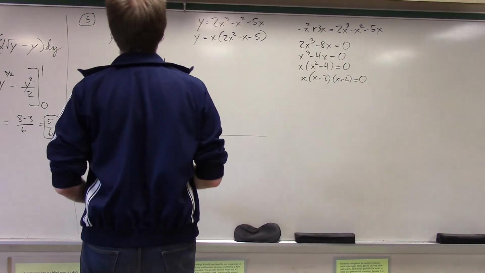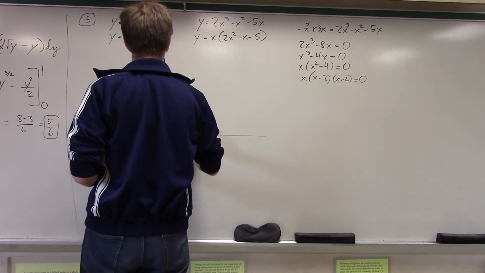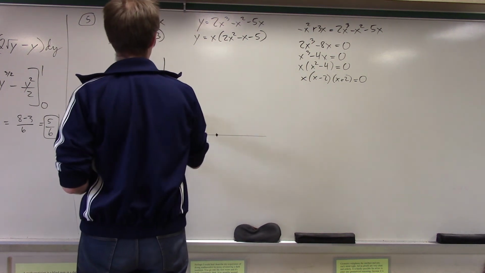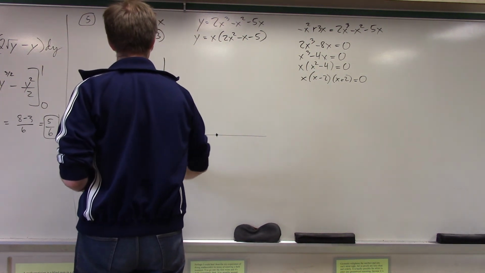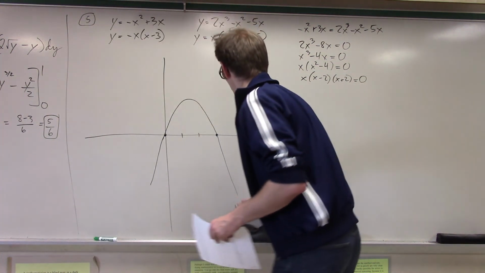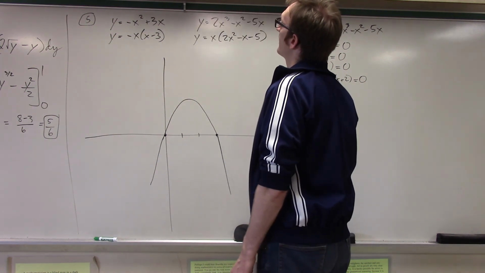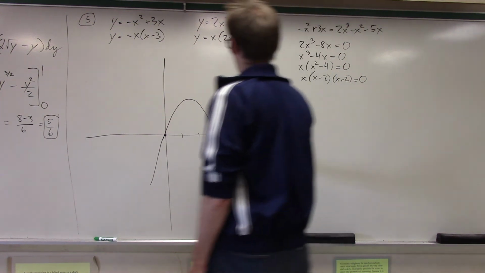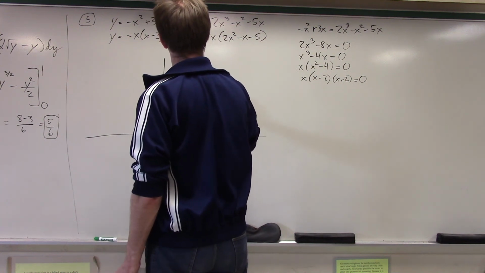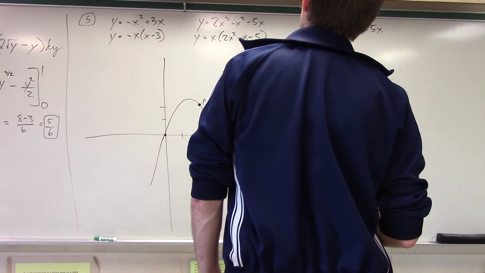Okay, so I have these curves intersecting at 0, 2, and -2. Agreed? So maybe I should figure out what that is. At 0 we have 0, at 2 we have 2, and at -2 it's -8.